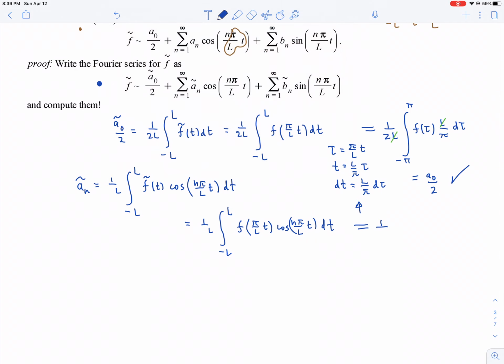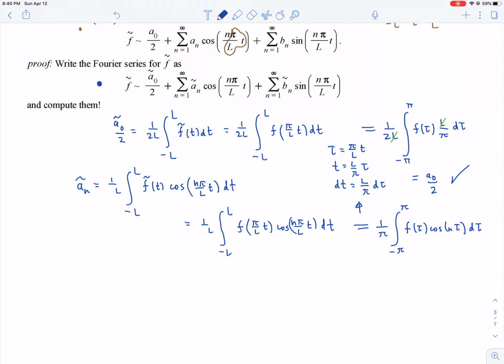And you end up with 1 over pi integral from minus pi to pi of f of tau cosine n tau d tau.